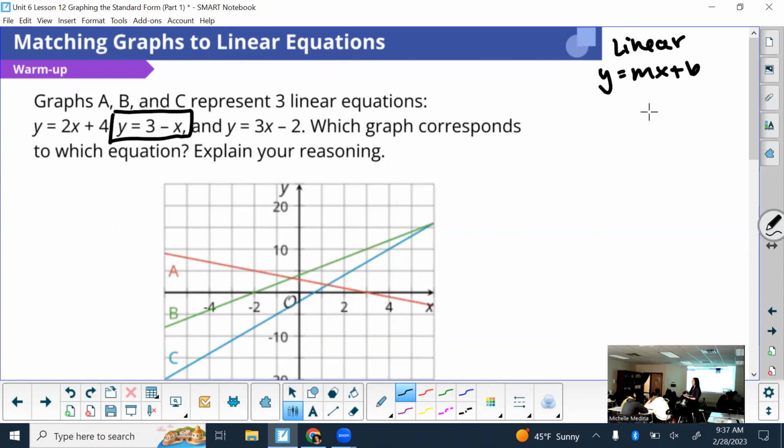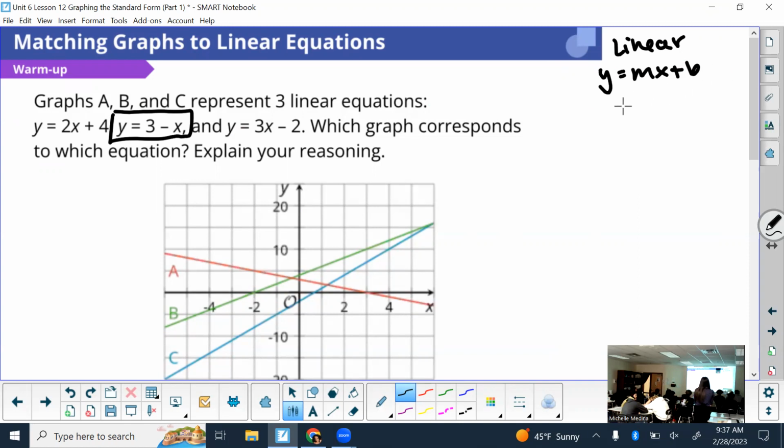And because it's in slope-intercept form, it should be really easy to identify what 2 things. Table 2, what's one of the things I should be able to identify really easily in slope-intercept form? So y-intercept, because it is in what position?